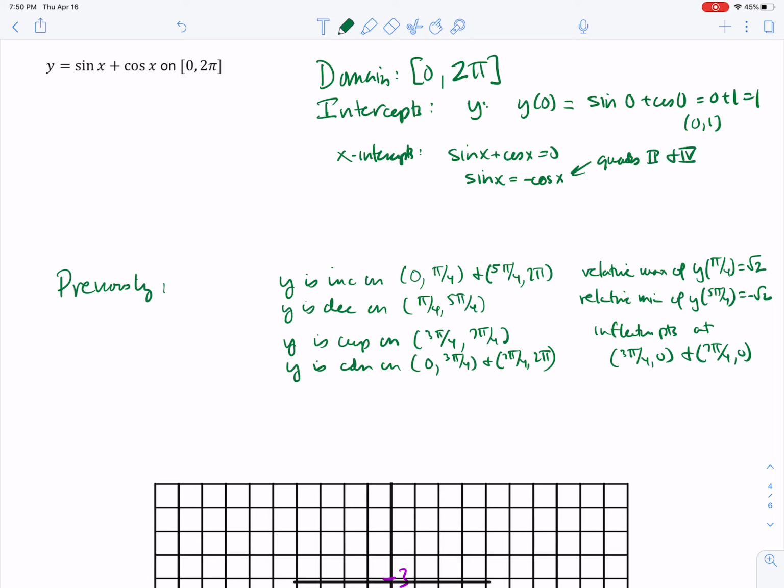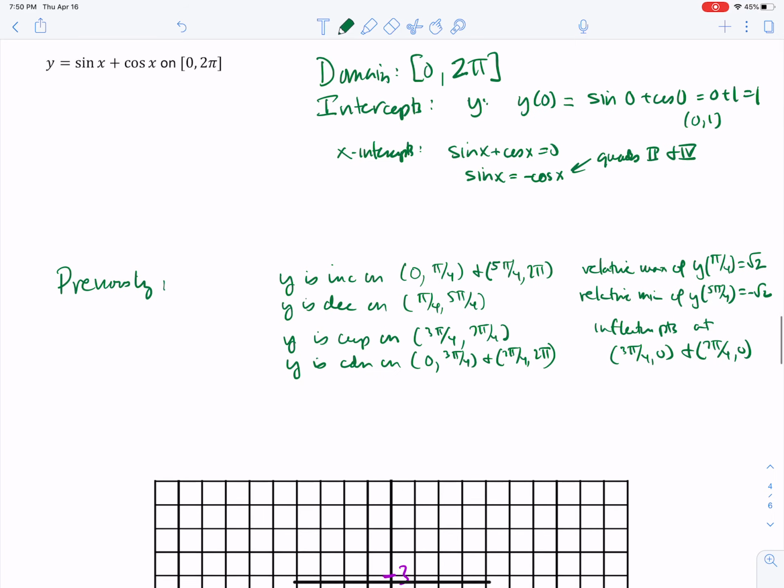And they have equal magnitude at the odd multiples of pi over 4. And so that means that in this case, x is going to be 3 pi over 4 and 7 pi over 4. Those are the angles in quadrants 2 and 4 where the sine and cosine have equal magnitude. And then in this previous part here, I've got all the information about increasing, decreasing behavior, relative max, relative min, local max, local min.